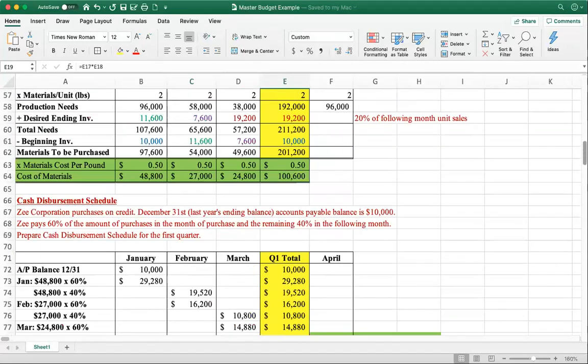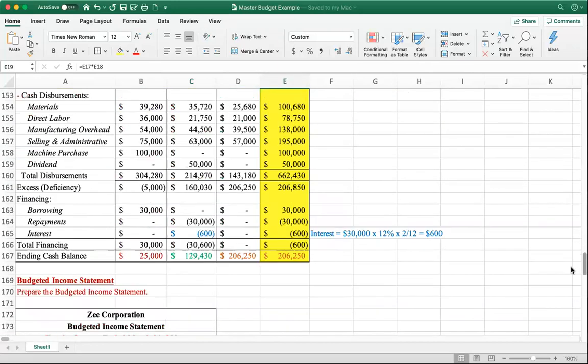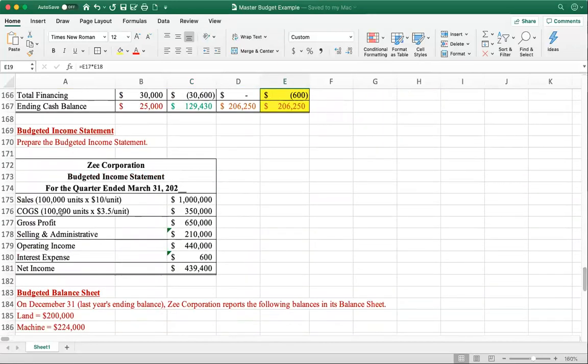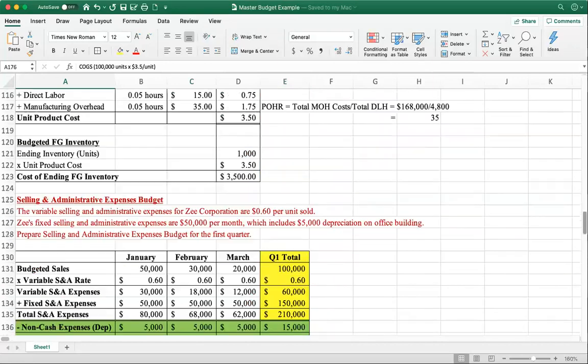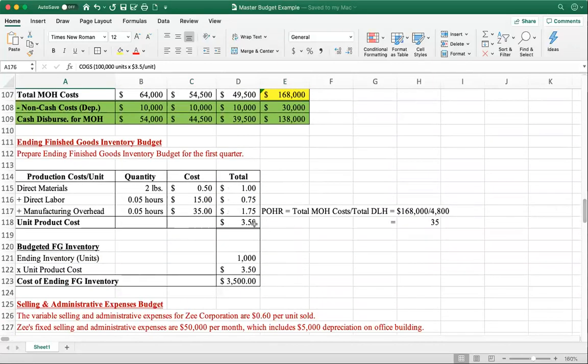All right. Then next we have a cost of goods sold after sales. So again, the number of units sold is 100,000 times 3.5. This is the unit cost that we calculated in the ending finished goods inventory budget. So right there $3.50 was the unit product cost for the ending finished goods inventory.